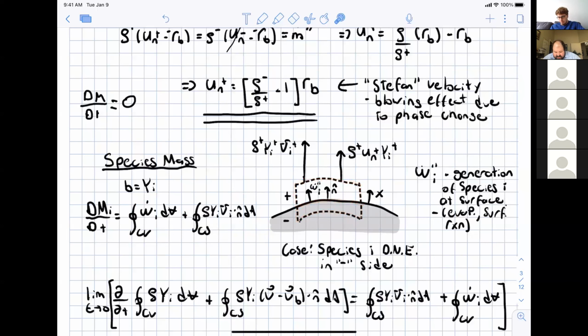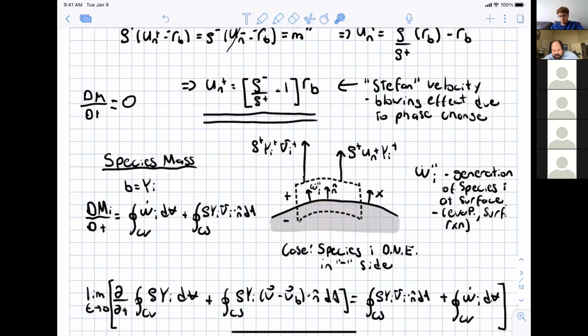And the reason is that, say you have a droplet of water here and air over here, nitrogen does not exist inside of the droplet. Okay, and so it makes no sense to conserve species mass of a species that does not exist inside of the droplet.